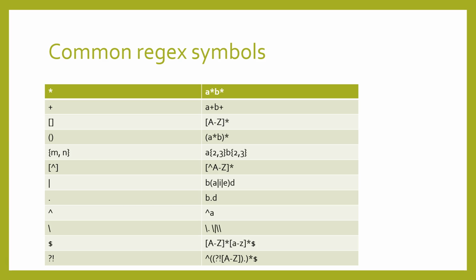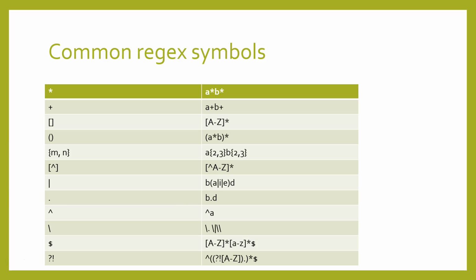And a caret in a square bracket matches any single character that is not in the brackets. And the pipe character matches any character, string of characters, or subexpression separated by the pipe. Note that this is a vertical bar or pipe as I mentioned, and not a capital I or a lowercase l.